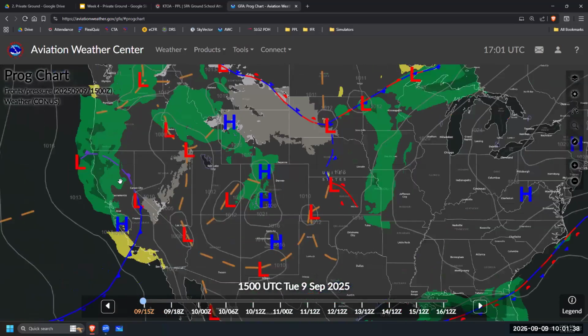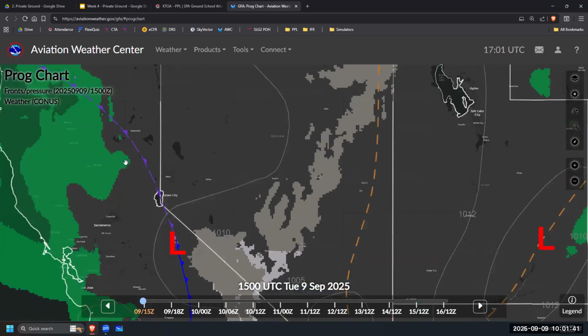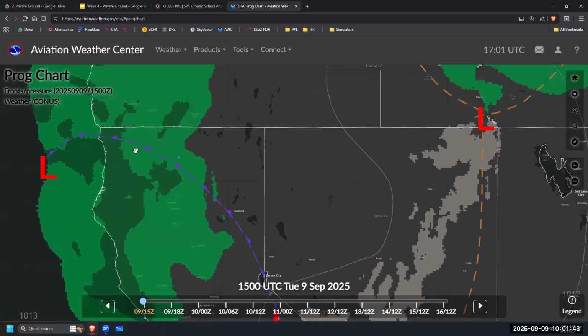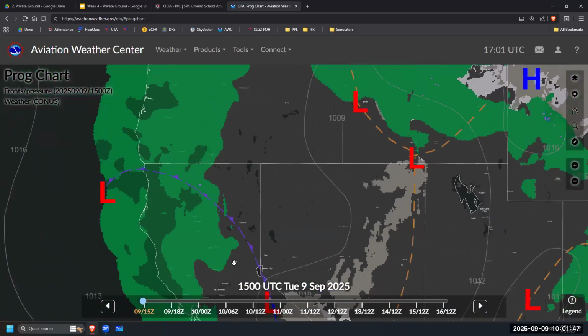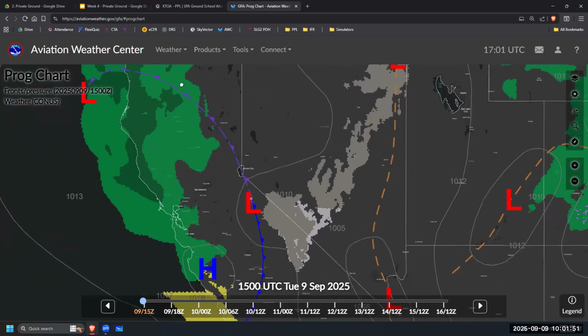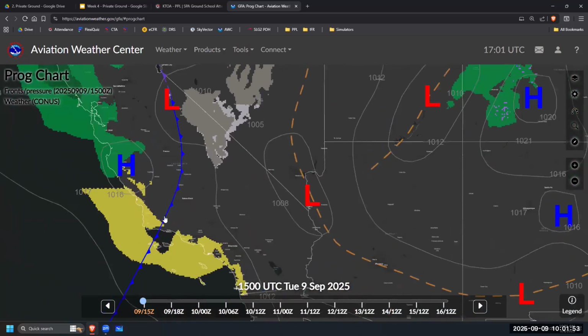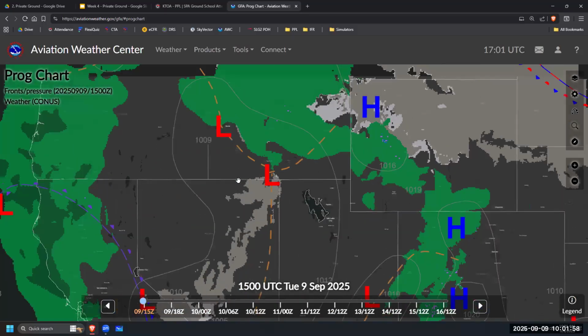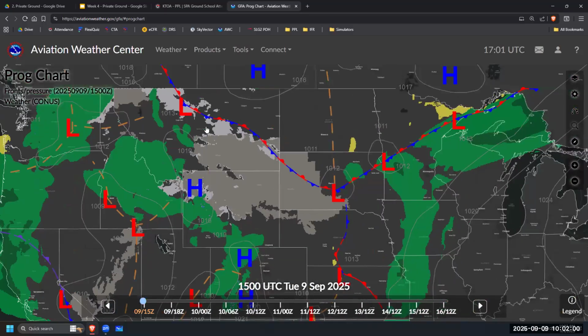Okay, you see this purple line right here? It actually has alternating circles and triangles. This is an occluded front. What's this one? This blue. Cold front. What's this one up here? Stationary front, because it goes back and forth from red and blue.